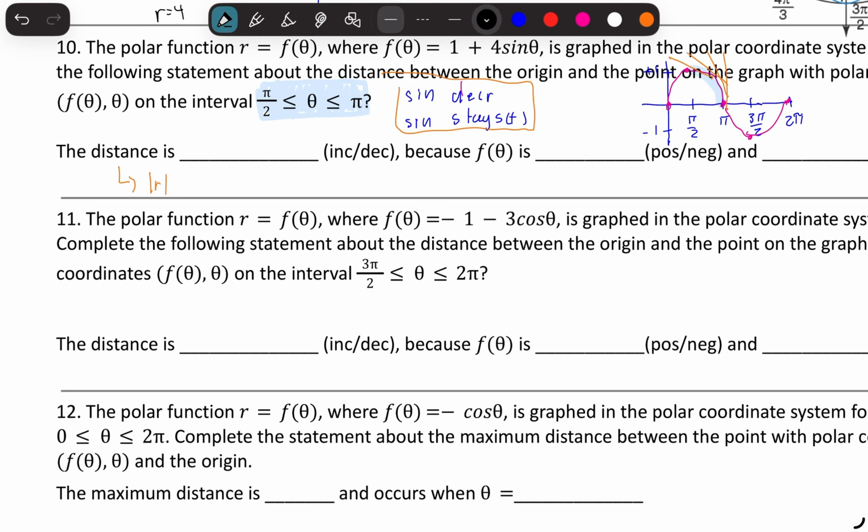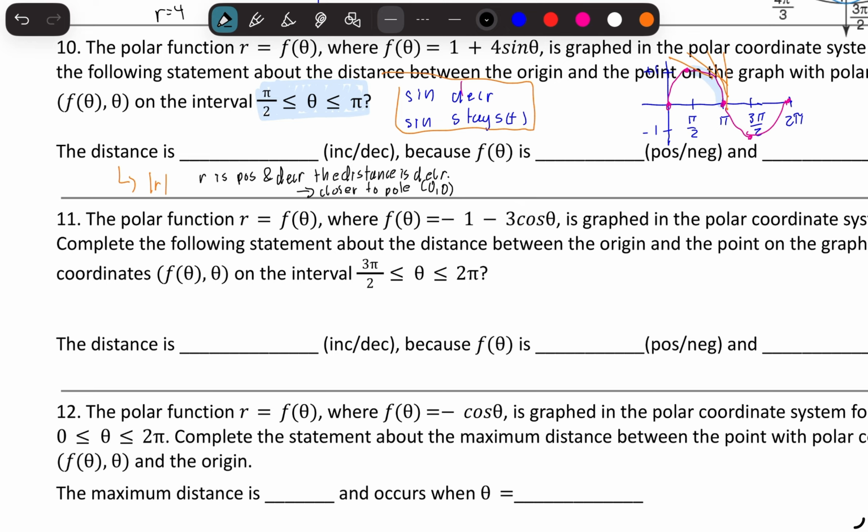And since we know that r is positive and decreasing, the distance is going to be decreasing, because right now it's a positive radius, but it's getting closer and closer to the pole, which is 0, 0.